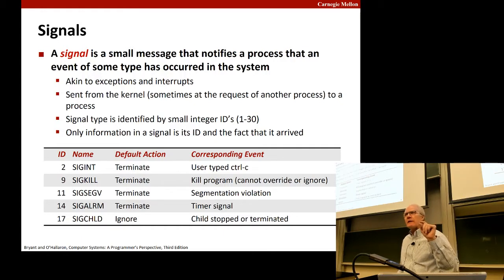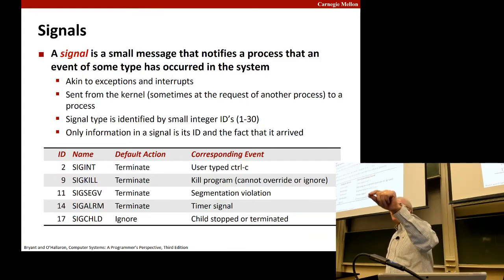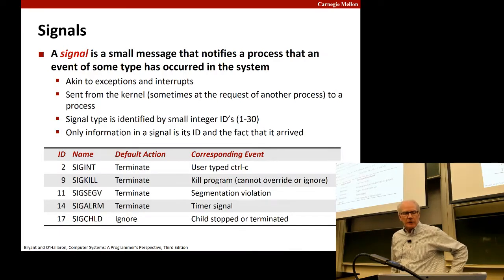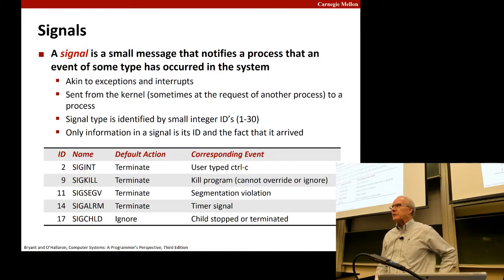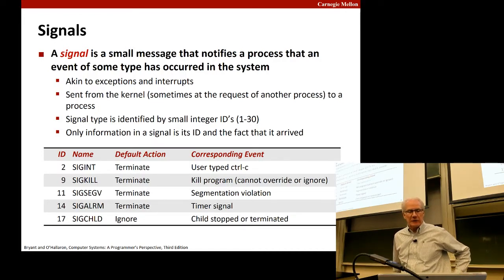The way that's implemented is that when you hit Control-C, the shell asks to deliver a SIGINT signal to the running process. Then there's another one called SIGKILL, which is when you saw me using the kill command on the command line. That's sending the SIGKILL signal, which is more powerful than an interrupt.